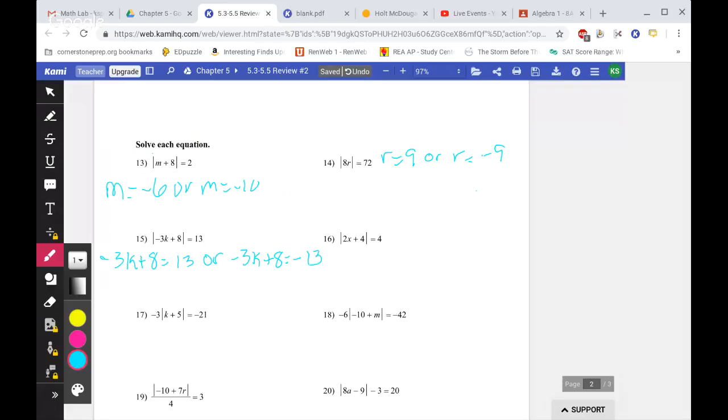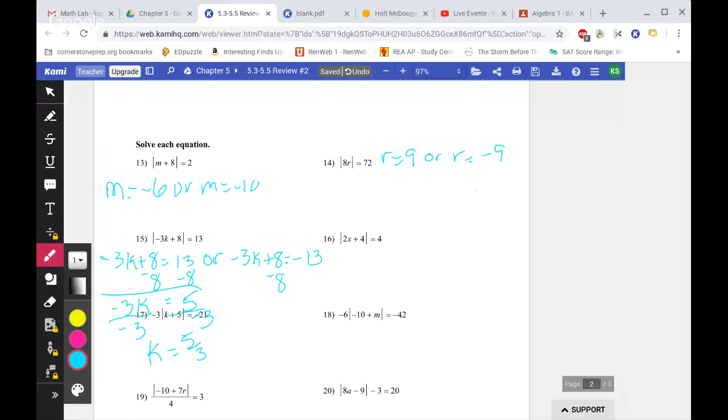All right, so we'll solve this one. We're going to subtract 8 from both sides, and that leaves us negative 3k equals positive 5. Then we're going to divide both sides by negative 3. And so that gives us k equals 5/3.